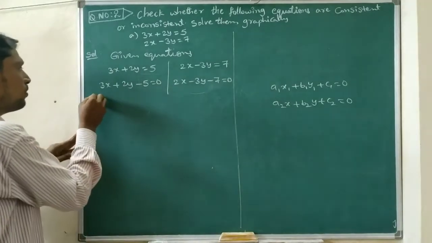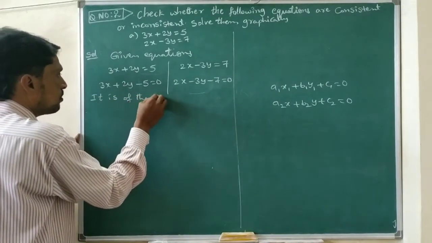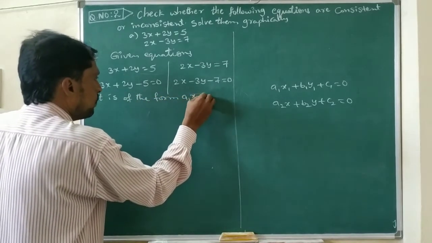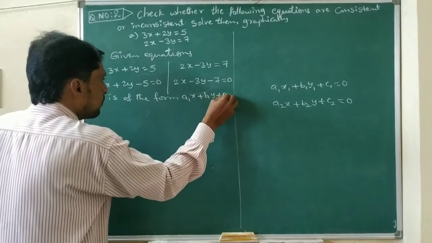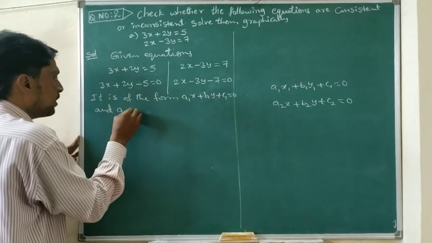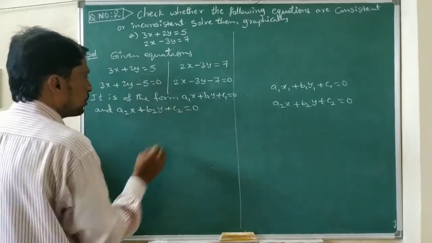Now it is of the form a1x plus b1y plus c1 equal 0 and a2x plus b2y plus c2 equal 0.